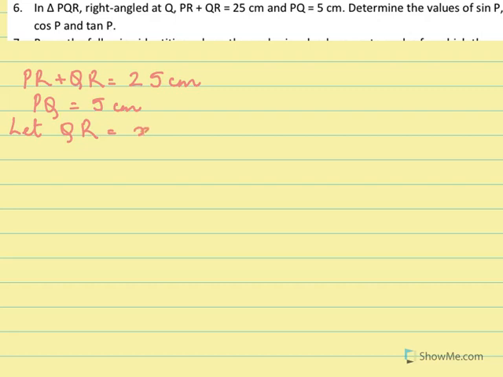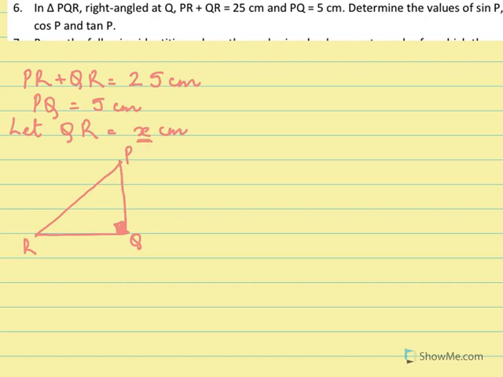Let the side QR be equal to x centimeters. Let me draw the triangle now. So here you have the triangle PQR. Now they said it is right angled at Q. So here is Q, right angled at Q. So I put P here and I put R here.